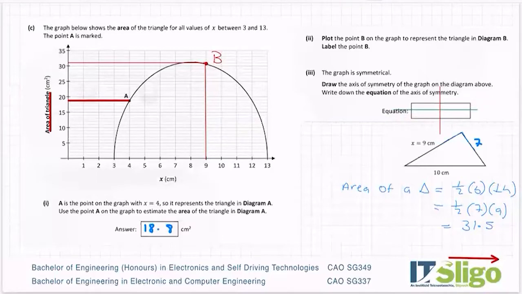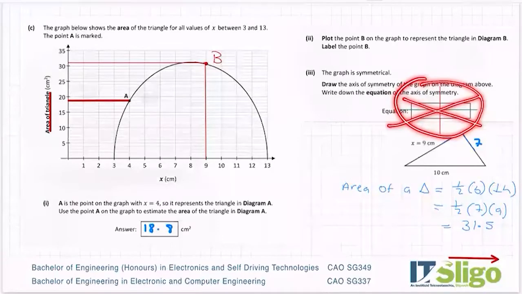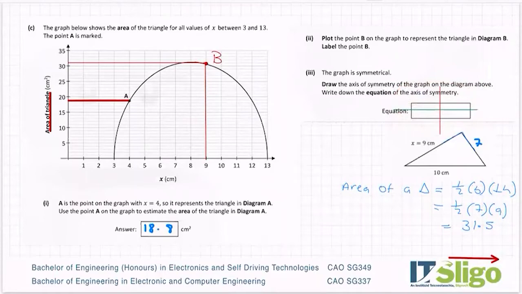To prove that to yourself, get an A4 sheet out of a refill pad or a photocopy sheet and try folding it on the diagonal, and you'll see that it doesn't have lines of symmetry in the diagonals. However, a square does. A square would have diagonal lines of symmetry. So play with a piece of paper and the shapes and become familiar with lines of symmetry.